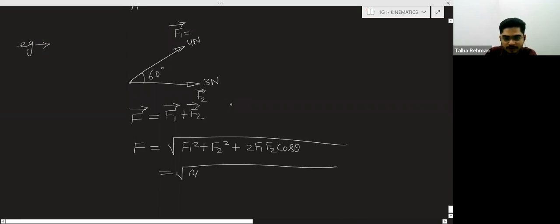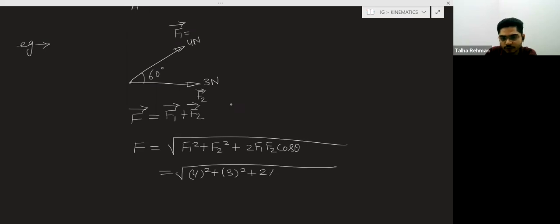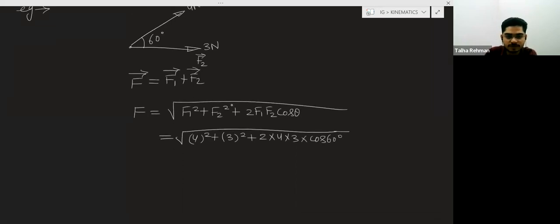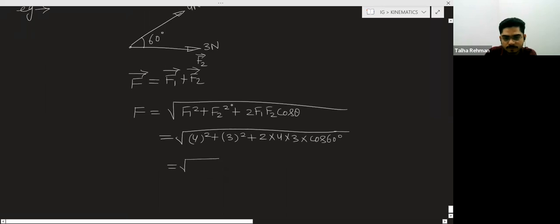Now what is F1 square? 4 square. What is F2 square? 3 square. So 2 into 4 into 3, and cos theta means cos 60. So this will become 4 fours are 16, 3 threes are 9, and 4 twos are 8, 8 threes are 24.